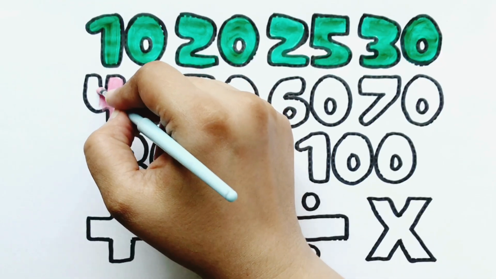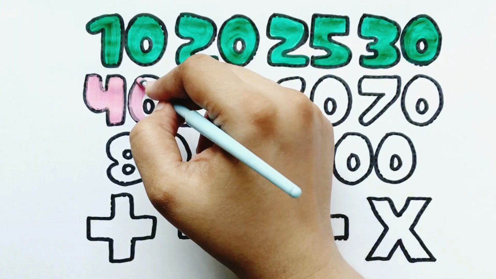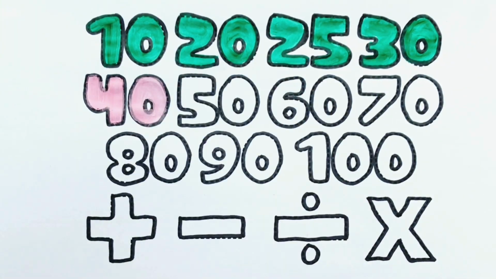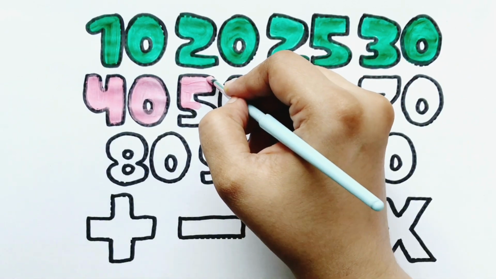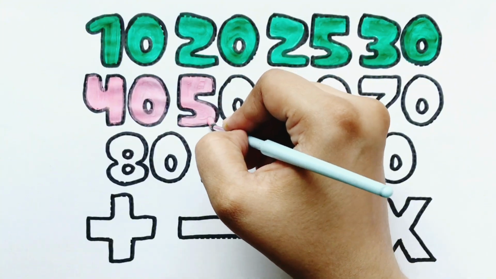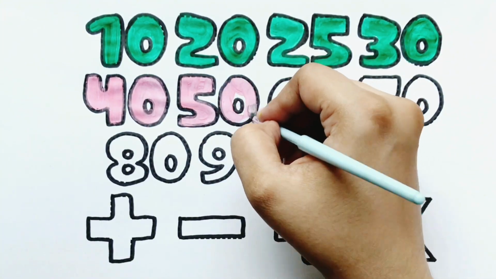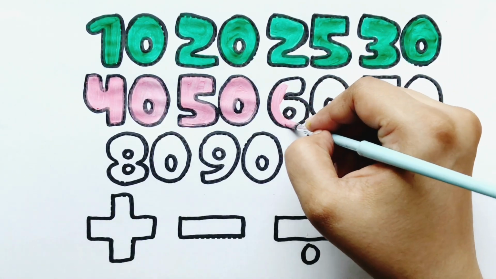Light pink color. Number 40. Y, and Z. Now I know my ABCs. Next time won't you sing with me? A, B, C, D, E, 50. G, H, I, J, K, L, M, N, O, P, Q, R, S, T, U, V, W, X, Y, Number 60.